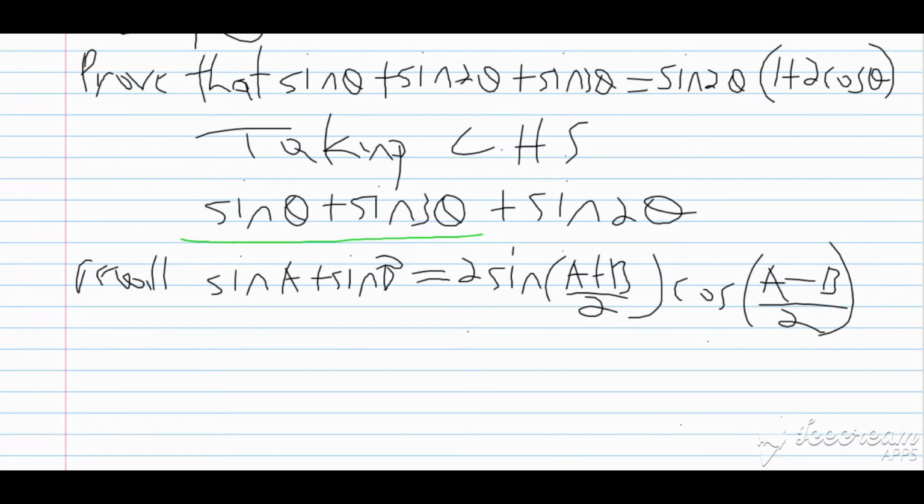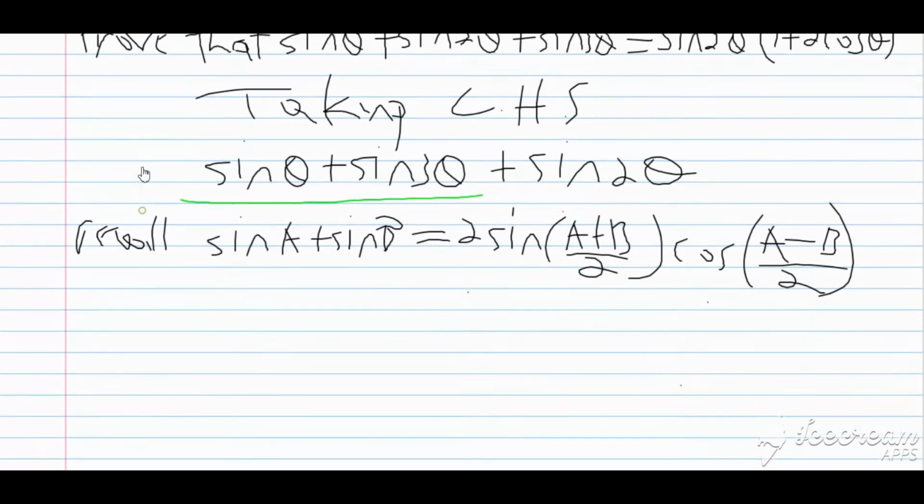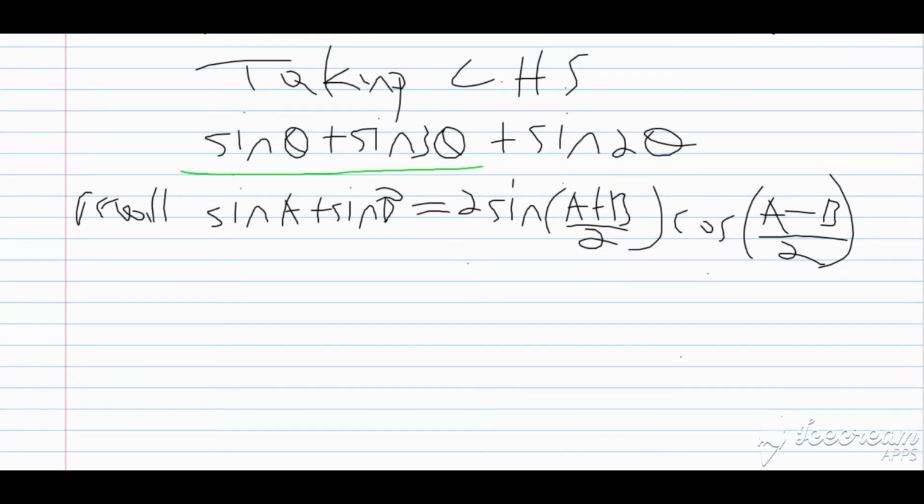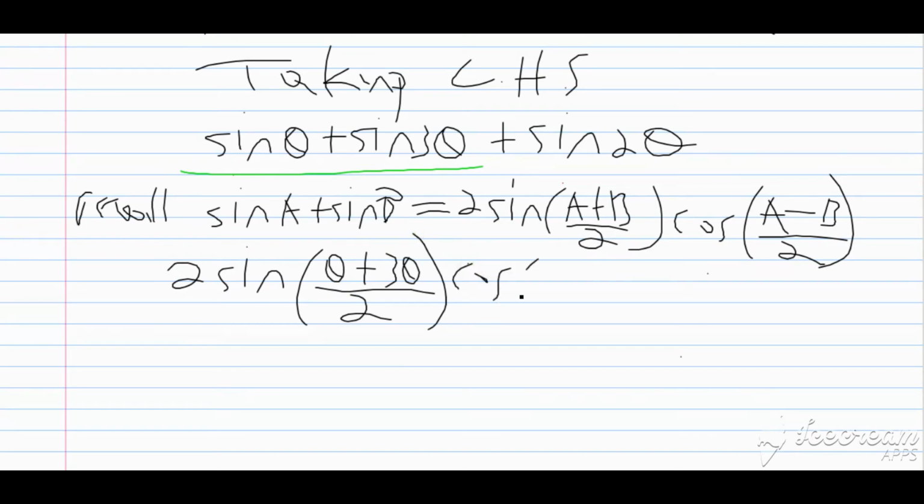Now, if you want to avoid negatives, you could put a larger angle first, but it's still not a problem because this is going to lead us to something else as well. So when applied to these two terms that I have chosen, it's going to be 2 sine of (theta plus 3 theta) upon 2 cosine of (theta minus 3 theta) upon 2, plus the sine of 2 theta.